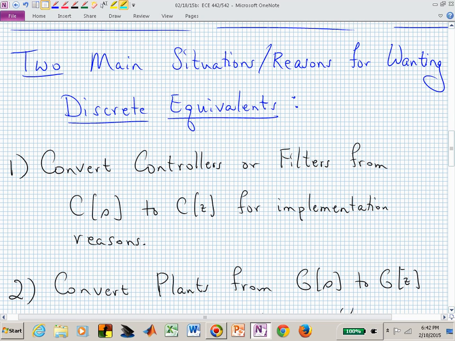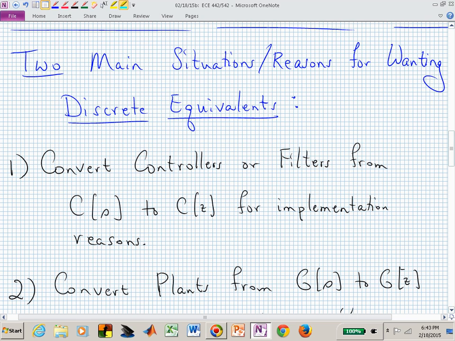How can I filter this signal, this waveform that maybe somebody has given me, and I don't want to go build a circuit and experiment in the lab. I don't want to create that signal in the lab and have to measure that analog or continuous waveform. We may want to then convert C of S to a C of Z.